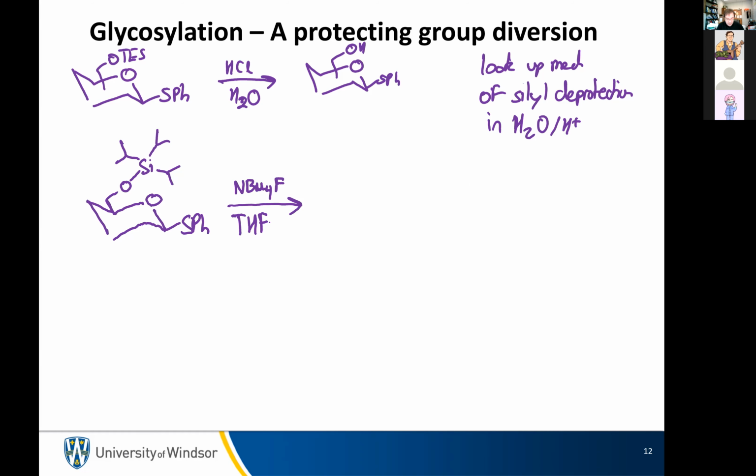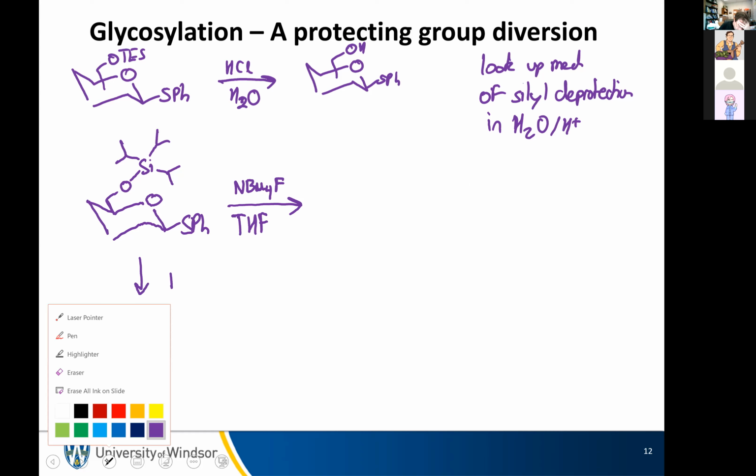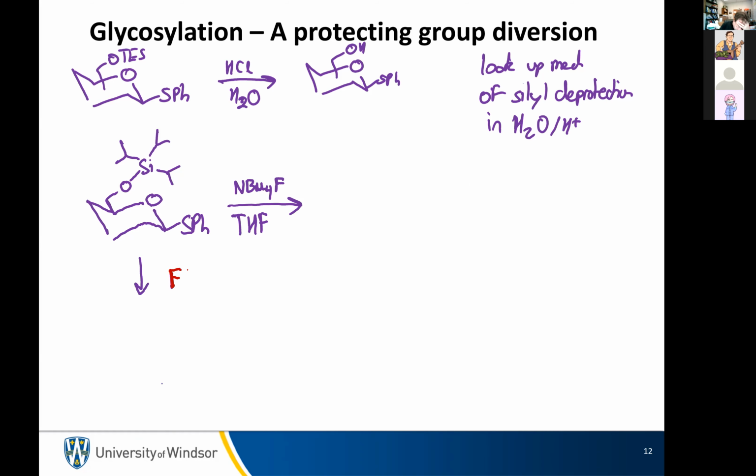How it's doing this is F minus loves silicon so much. One of the strongest bonds out there is a fluorine silicon bond.